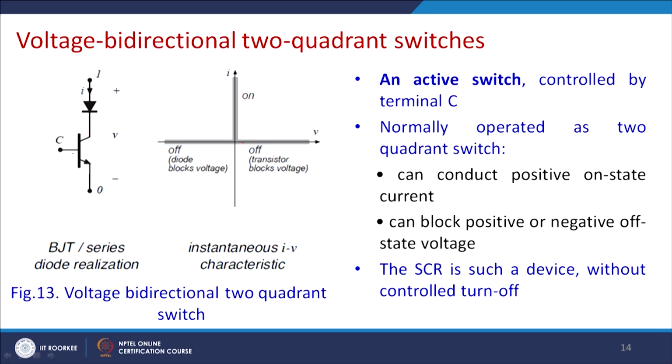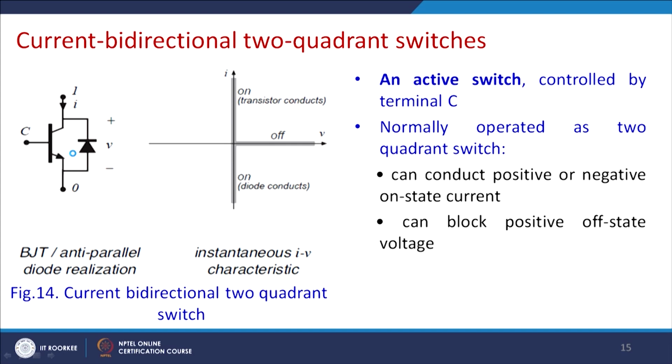One example will be SCR, but the problem of SCR is it is a semi control switch. Turning on is in your hand, but turning off is not in your hand. Generally this kind of switch is used in current source inverter.